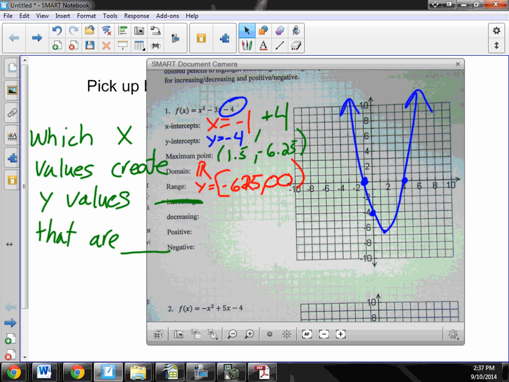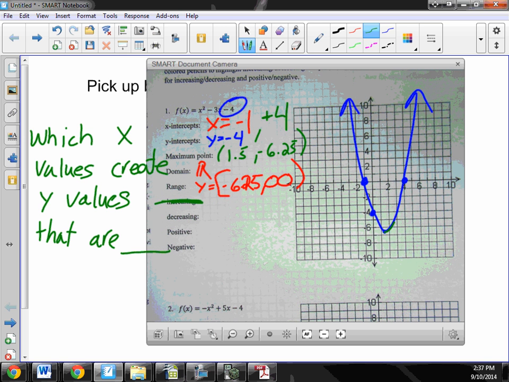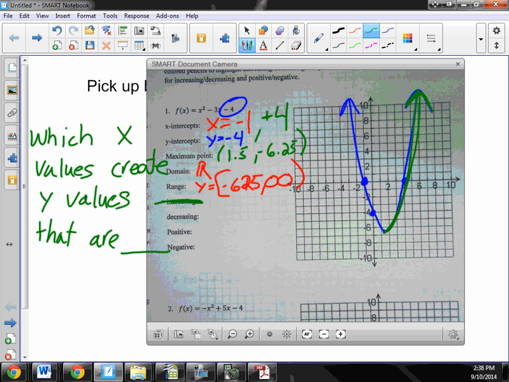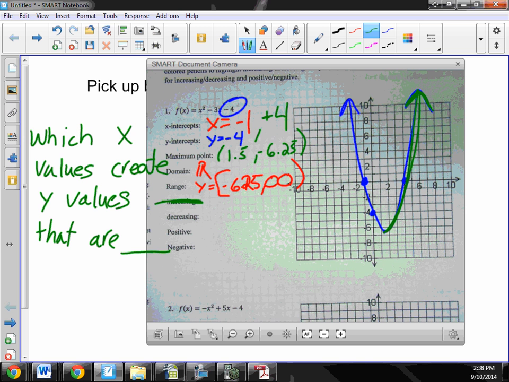Well, we're going to take our colored pencil, and this is the up piece. Does everybody see that is the only part of the graph going up? But wait a minute. Isn't this piece going up too? Right. We always travel from left to right.